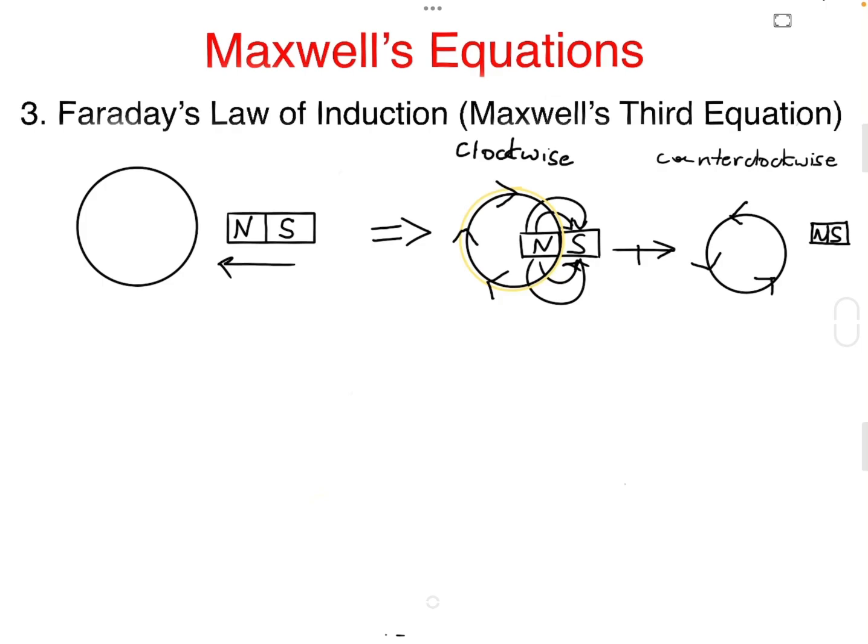So in summary, when moving the magnet into or out of the ring, the magnetic field through the ring changes, and that change is going to induce the electric field, and that electric field will drive the current in a specific direction.